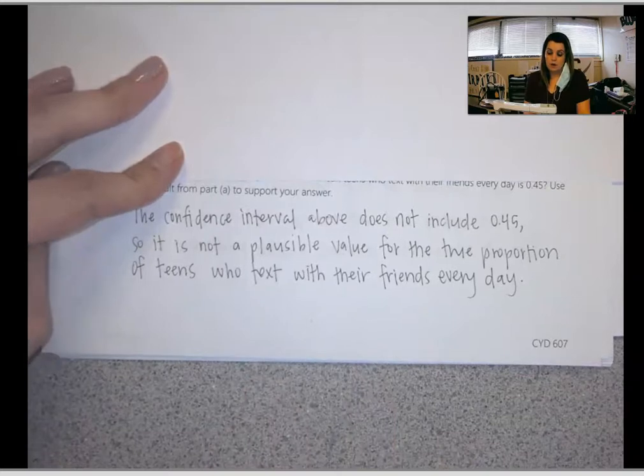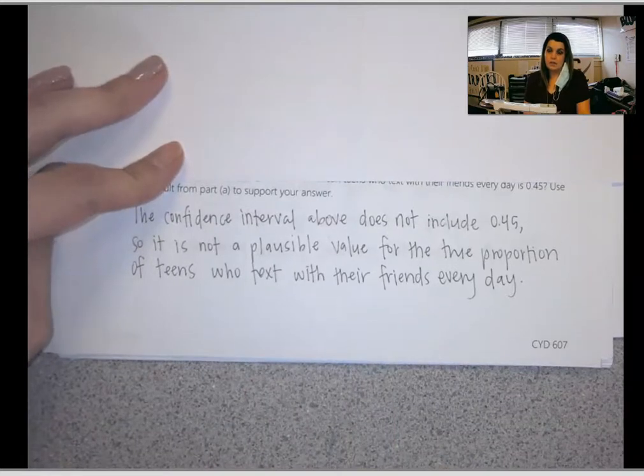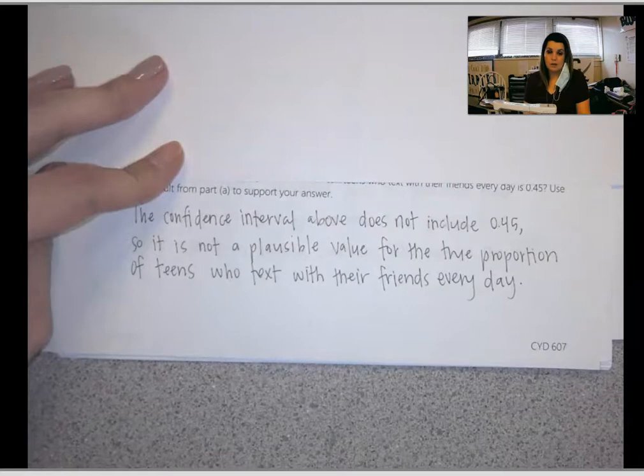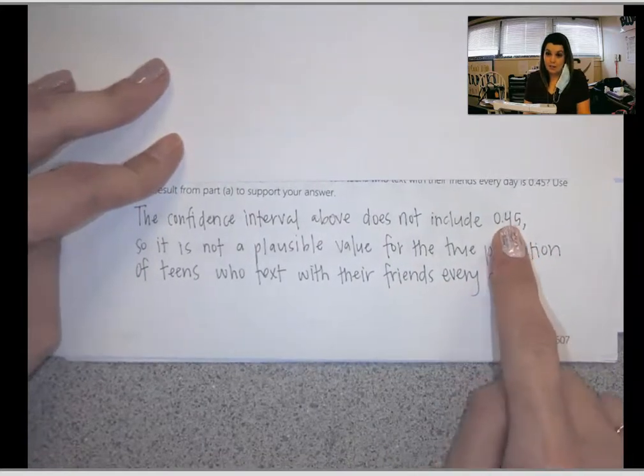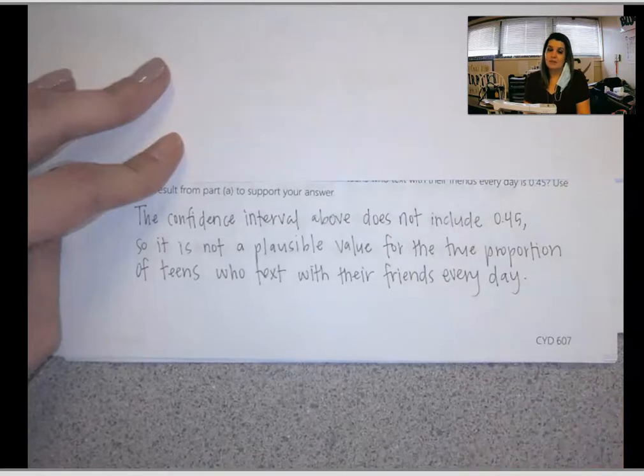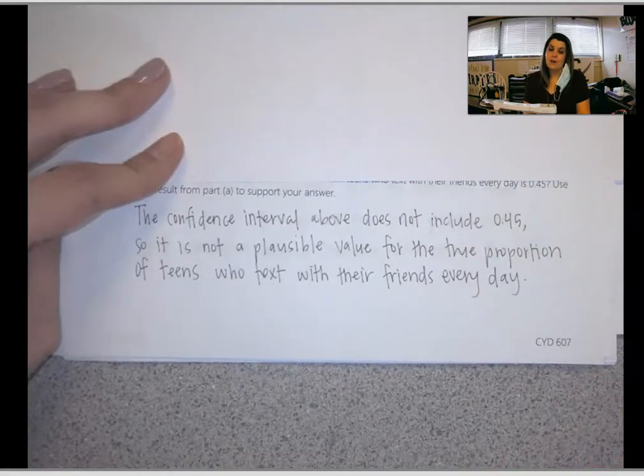So if your confidence interval there was some calculation that you did wrong on yours. It's very close though. This 0.45 is very, very close to your lower bound, but the confidence interval does not include 0.45. So it is not a plausible value for the true proportion of teens who text with their friends every day.